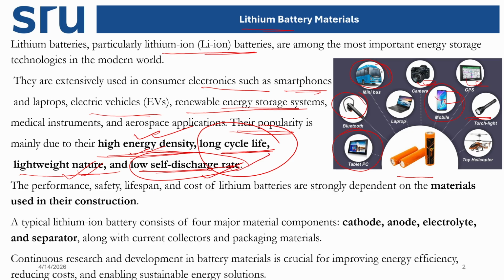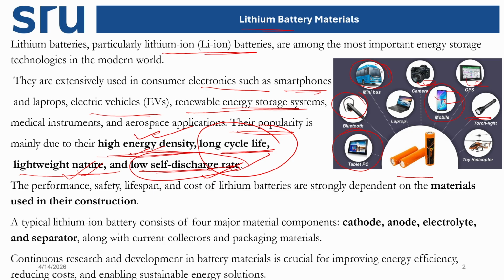Self-discharge rate means, let's say we charge a lithium ion battery today and then we don't use it. We keep it, and the charge may automatically discharge or not. Let's say we charge a mobile to 100% and then don't use it.